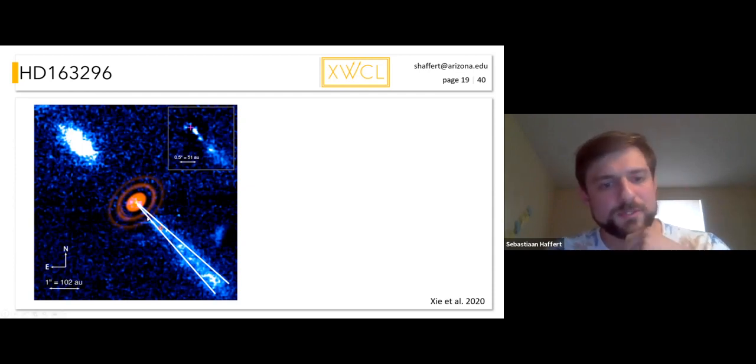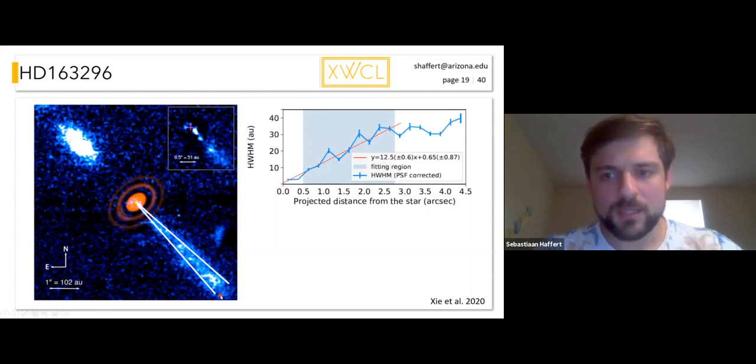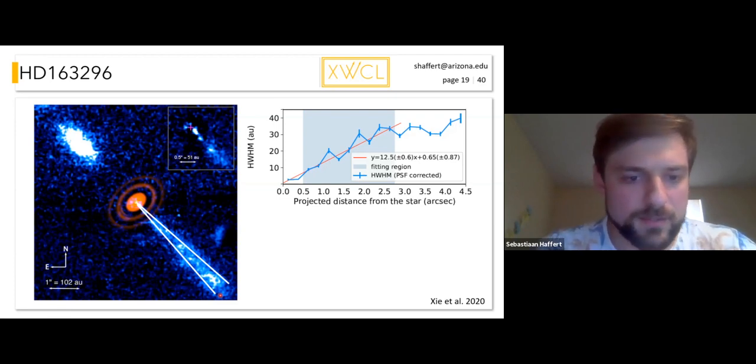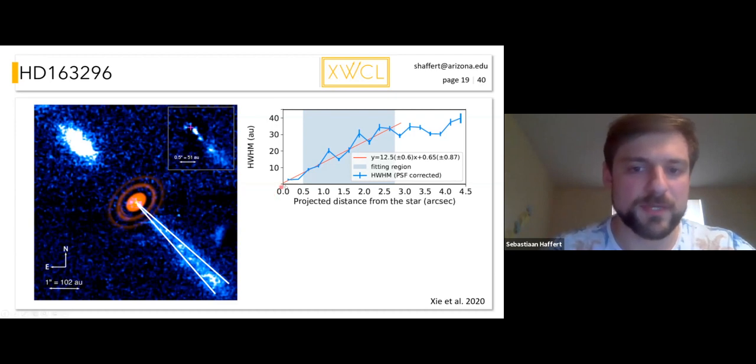Another thing that we could do is trace the size of this jet, the front jet, as a function of distance from the source. And we can fit how this width increases. So we're measuring the opening angle of the jet. And we can also measure where the jet starts.